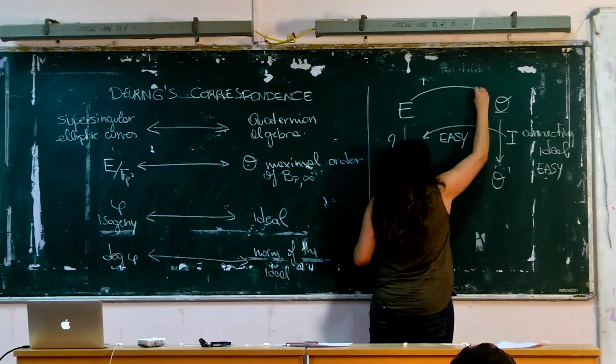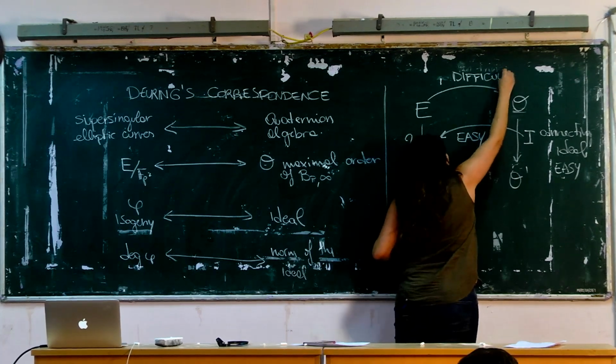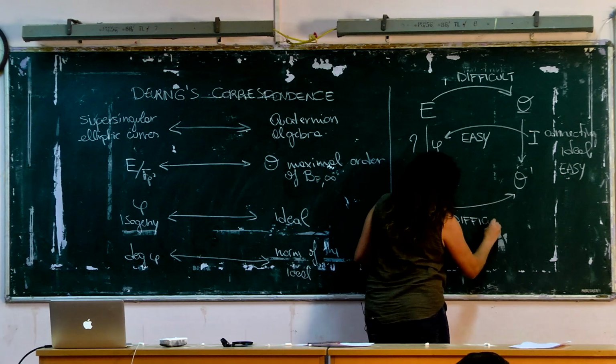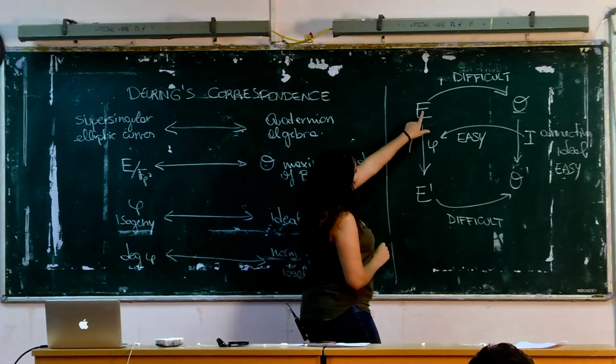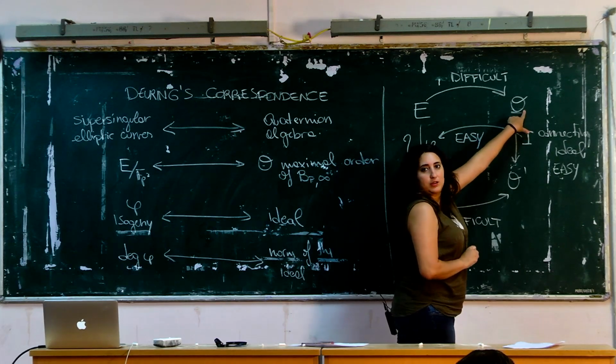The problem which is difficult is this one: to associate to an elliptic curve its maximal order in the quaternion algebra.